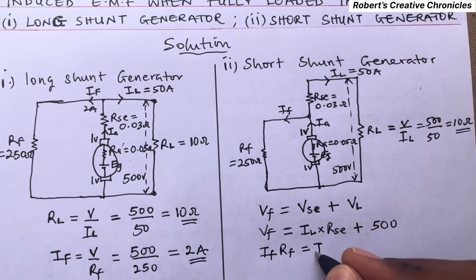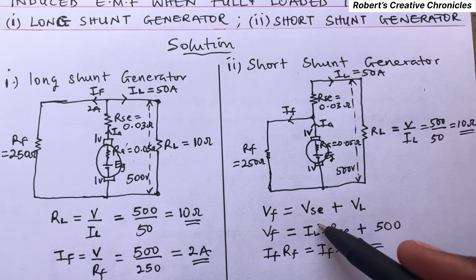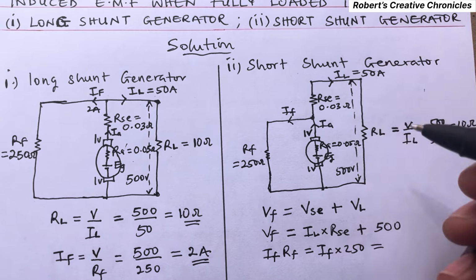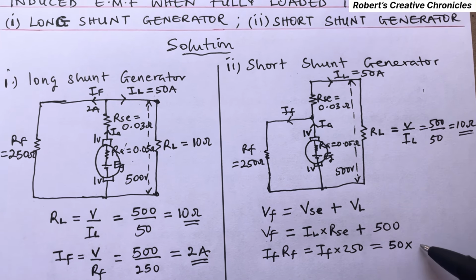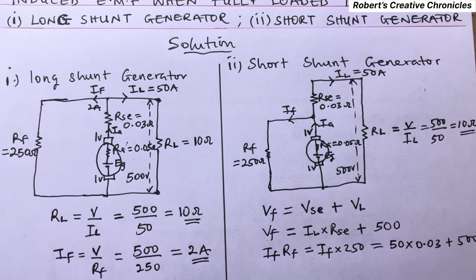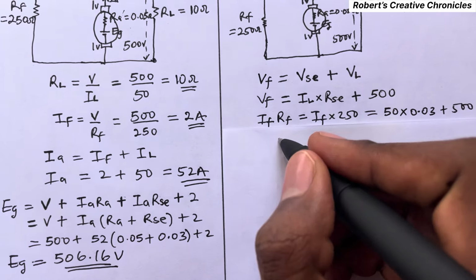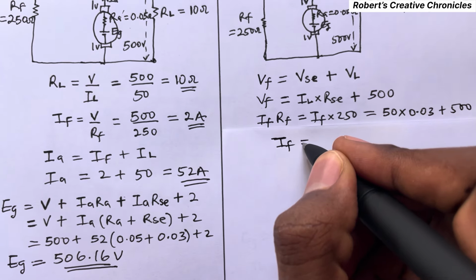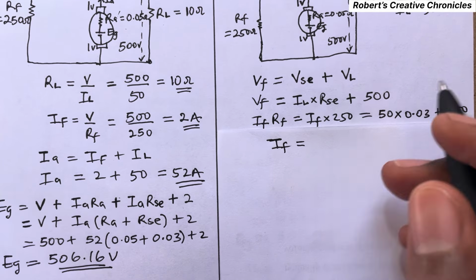So IF times 250 is equal to IL, which is 50, times RSE, which is 0.03, plus 500. So IF becomes this divided by 250.